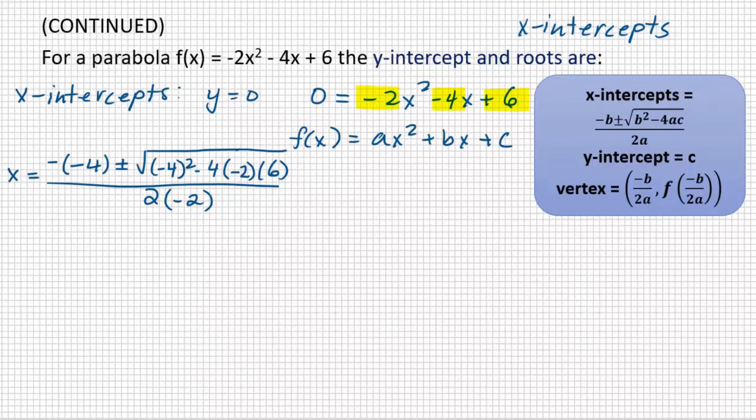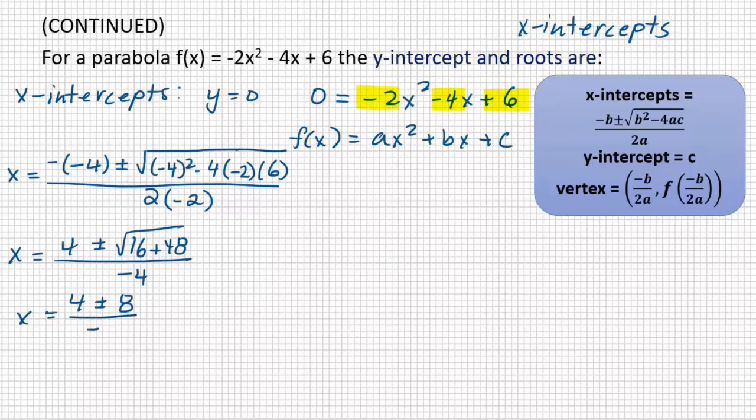All that's left to do here is to simplify. We have x is equal to 4 plus or minus the square root of 16 plus 48, all divided by negative 4. X is equal to 4 plus or minus the square root of 64, and the square root of 64 is 8, and all of that is still divided by negative 4.